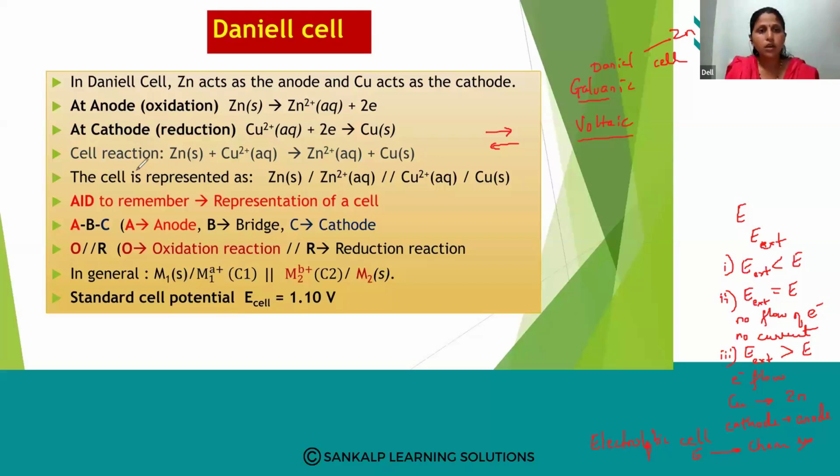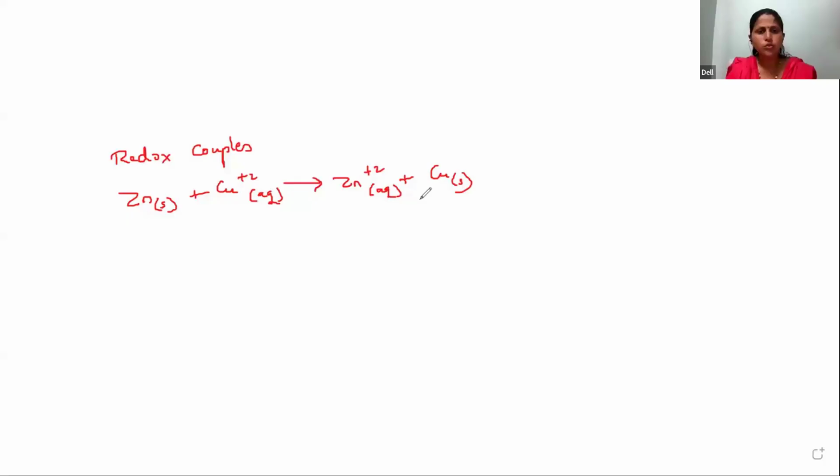In aqueous condition, I get Zn+2, which comes into the solution, and Cu in the form of solid gets deposited. From the anode, zinc is getting out, and at the cathode, copper is getting deposited. This is a combination of two half cell reactions occurring at two half cells.